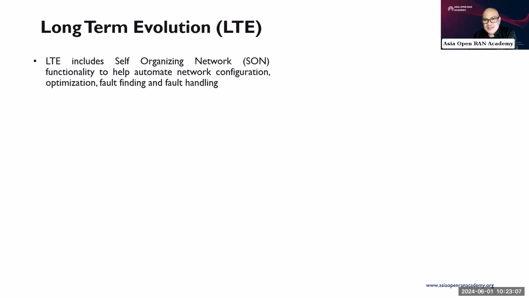This is where they tried to scare the RF engineers and optimization engineers at that time, saying we will be replaced by SON. But when they implemented SON, it was not as intelligent as the artificial intelligence we have right now. SON gives you a plan for the PCI plan and neighbor plan. It can automate network configuration, neighbor planning, fault finding, and fault handling.